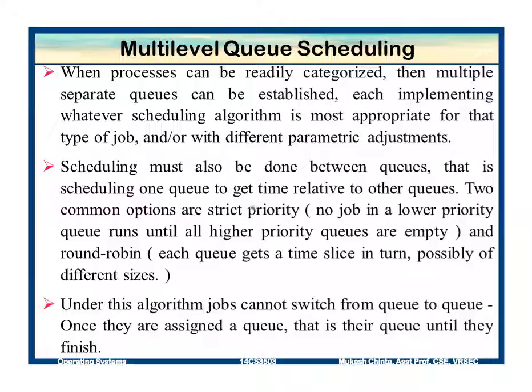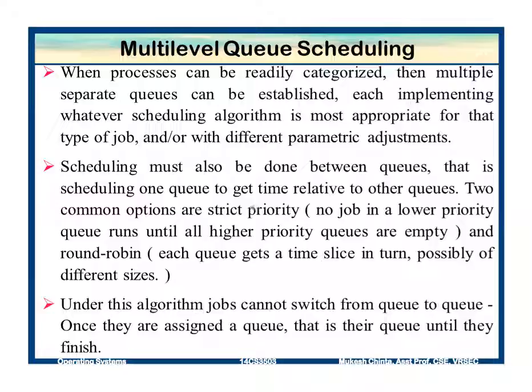Multi-level queue scheduling is based on response time requirements. Some processes require a quick response by the processor, while some processes can wait. A multi-level queue scheduling algorithm partitions the ready queue into separate queues. Processes are permanently assigned to one queue depending upon their properties such as the size of the memory, the type of the process or the priority of the process.